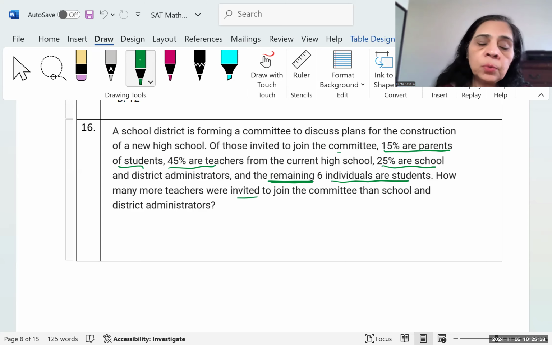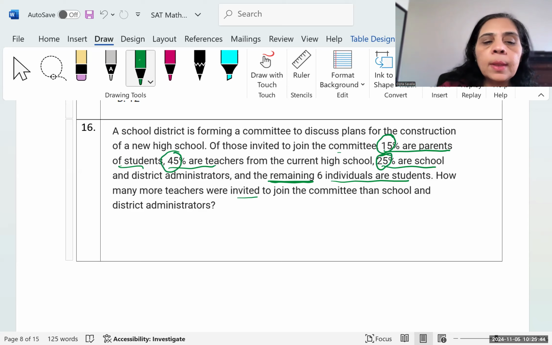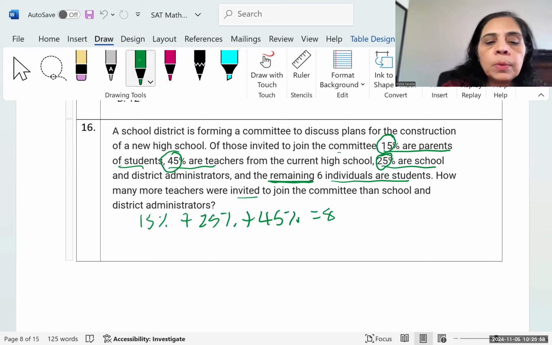So everyone knows percentages always add to 100%. The first thing we can do is add all this: 15% plus 25% plus 45%. If you add them, 5 plus 5 is 10, plus 5 is 15, then 2, 4, 8.